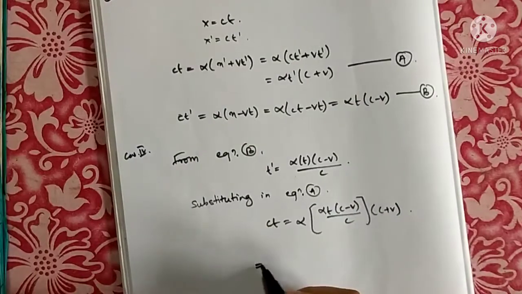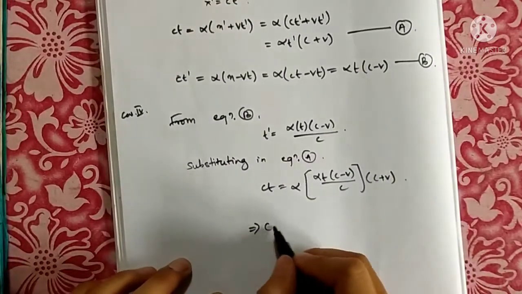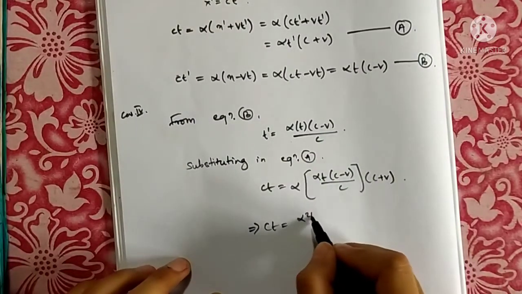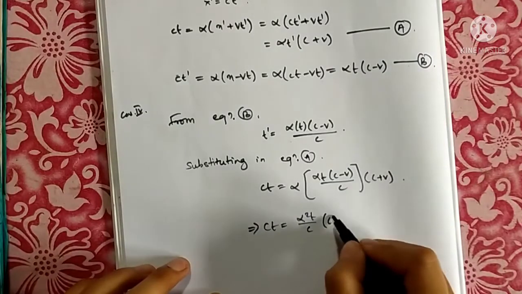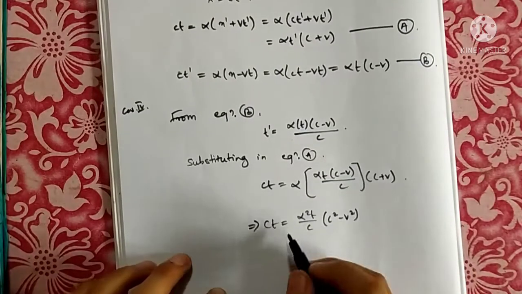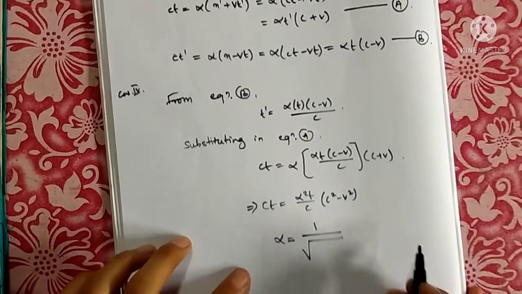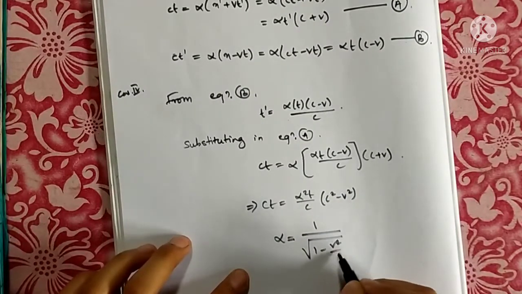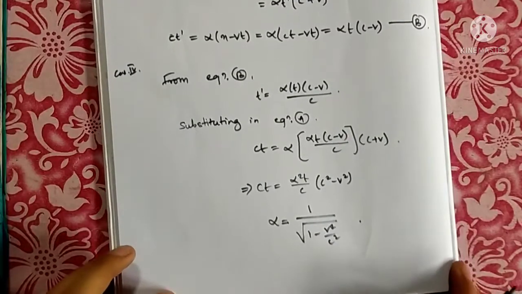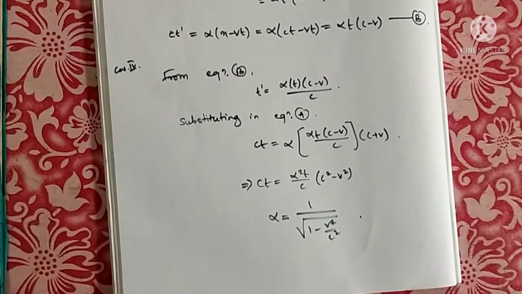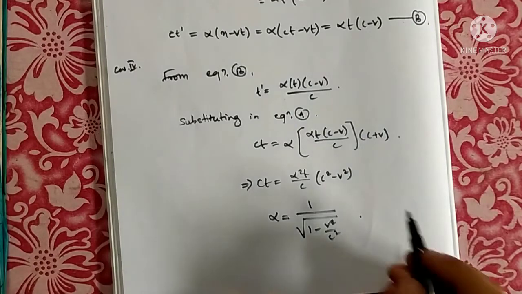It implies that ct equals alpha squared t times c squared minus v squared, divided by c, where alpha equals 1 by the square root of 1 minus v squared by c squared. Here we get the value of the unknown constant, the length contraction constant.